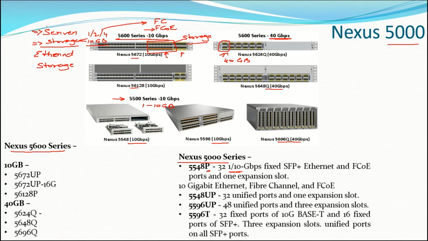Whenever P is mentioned in a model, that switch can be configured for 1 to 10 Gbps speed. And 48 says we have a total of 48 interface capabilities. 32 interfaces are fixed for 1 to 10 Gbps speed, and for the remaining 16 interfaces we can use one expansion slot called a GEM module.